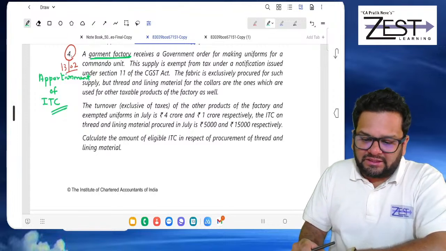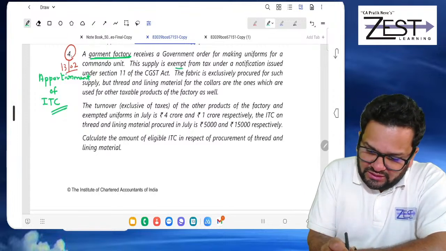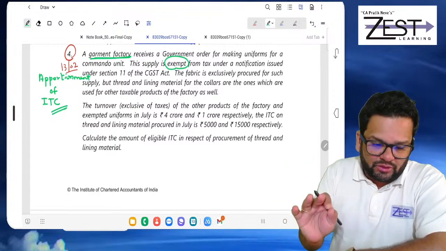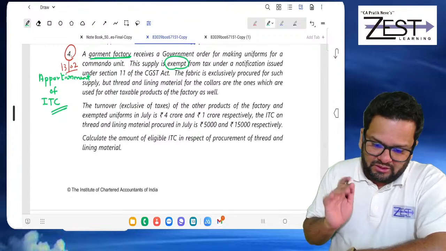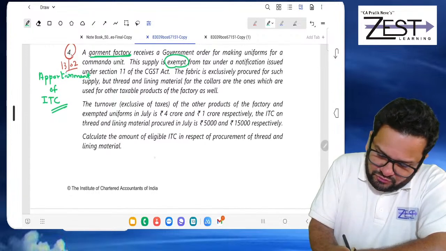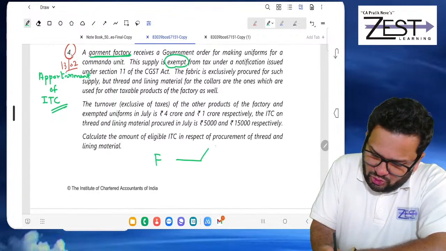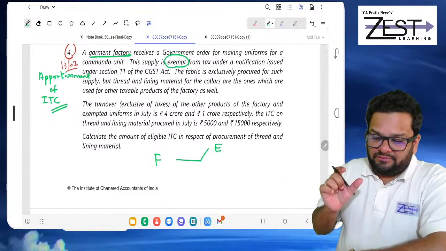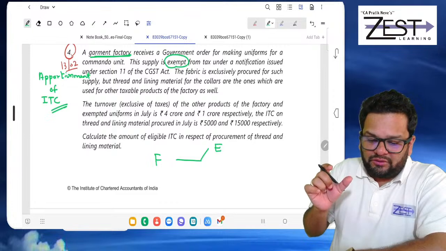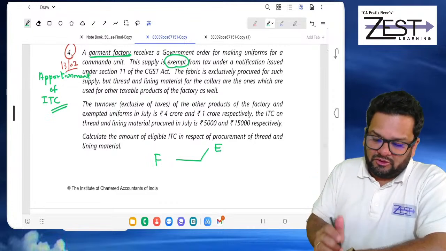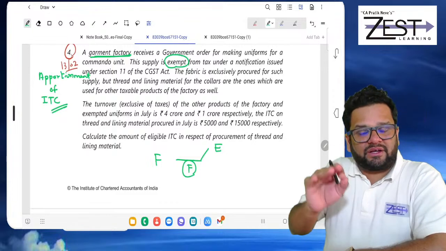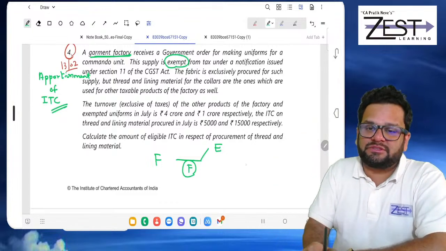The supply is exempt from tax under notification issued under section 11. So this factory is going to have one exempt supply. The fabric is exclusively procured for such supply, so the main raw material is taken exclusively for this exempt supply.